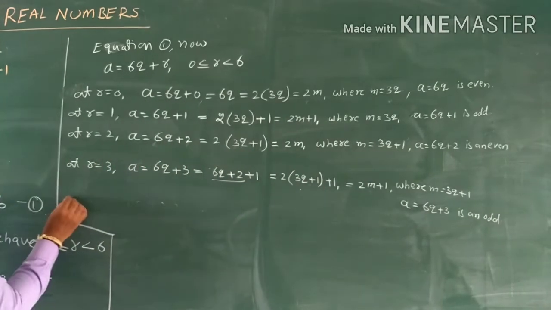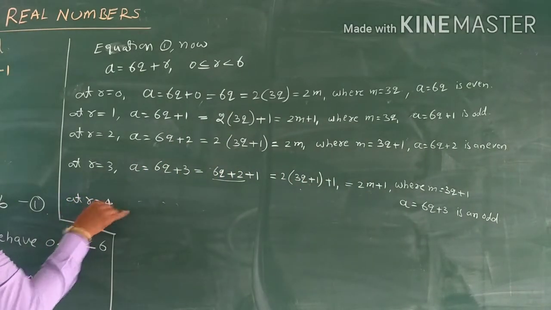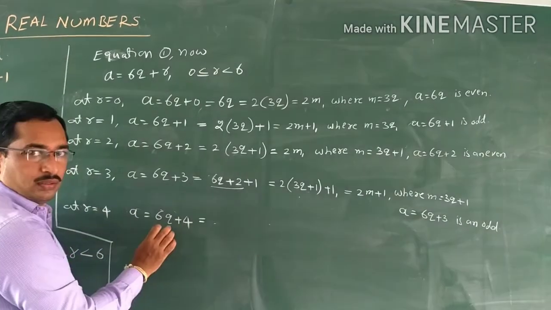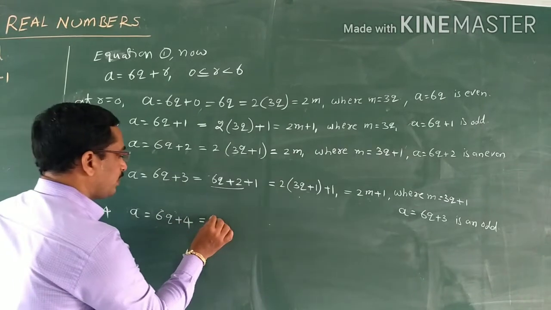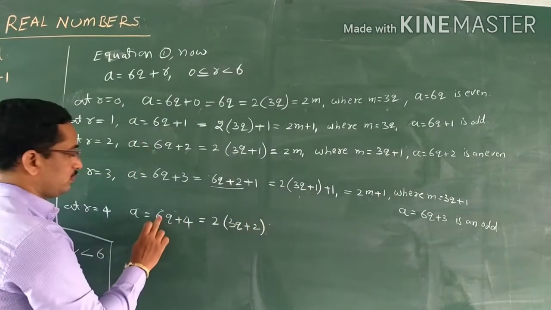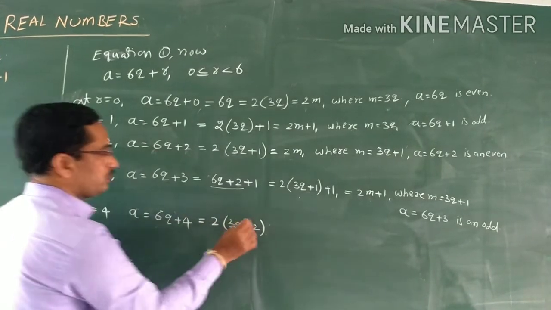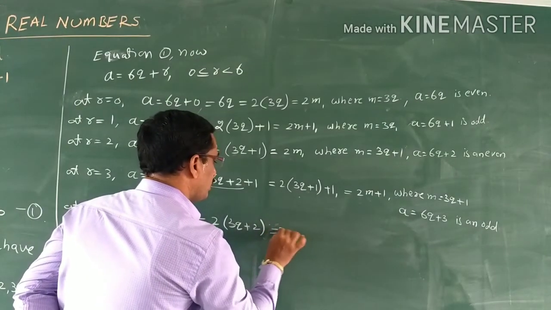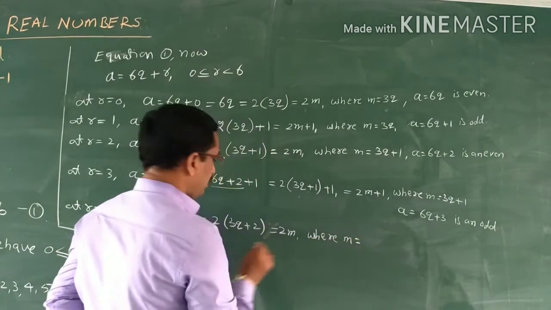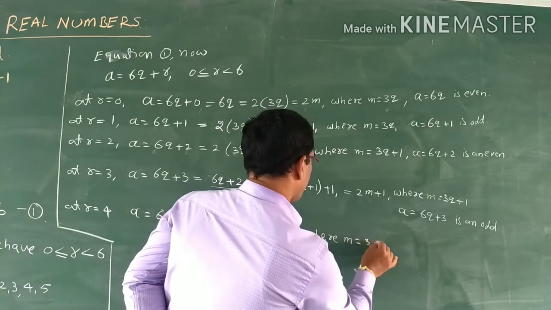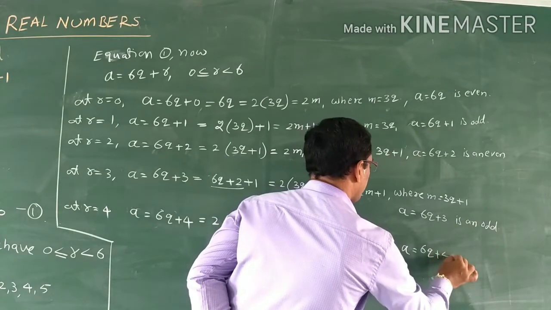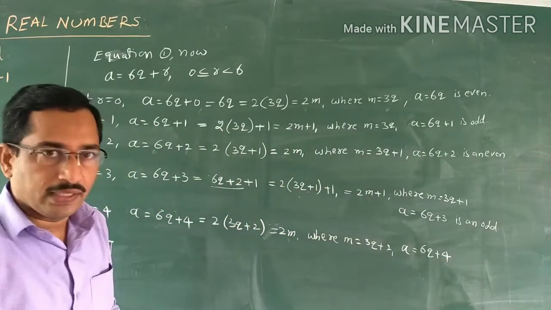Now next, at r equal to 4, a equal to 6q plus 4. 6q plus 4, take 2 common, 3q plus 2. 3 into 2, 6, 2 into 2, 4. It is equal to 2m where m equal to 3q plus 2, then a equal to 6q plus 4 represents an even number.